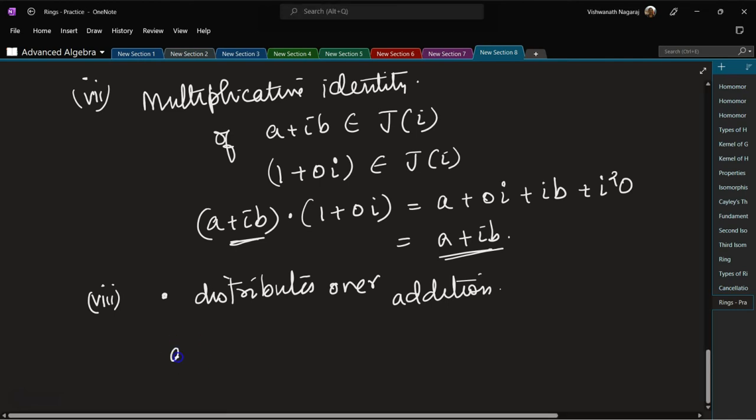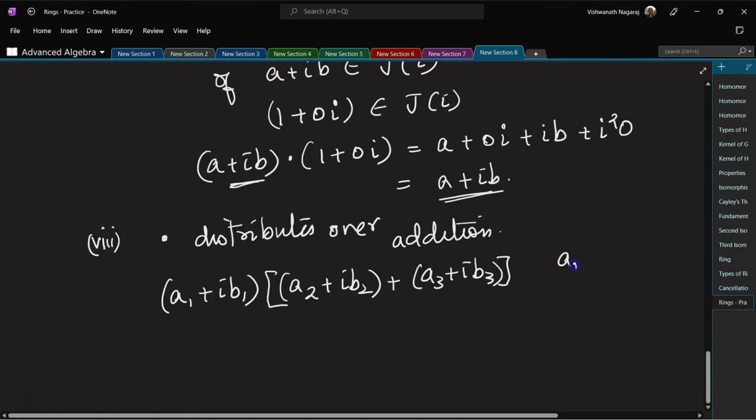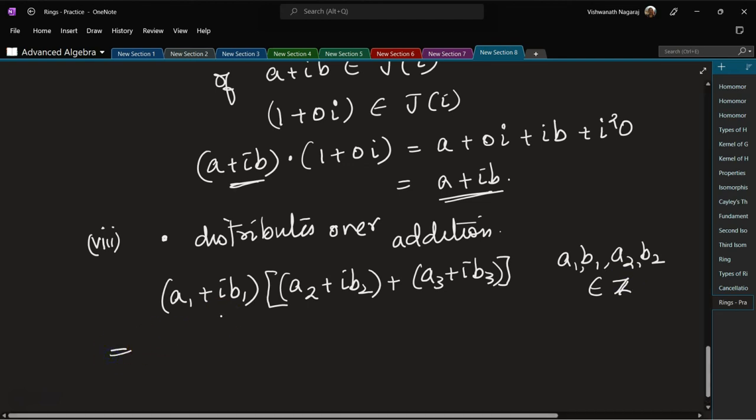Which means you take a Gaussian number a1 plus ib1 and another one a2 plus ib2 plus a3 plus ib3. So here a1, b1, a2, b2 belong to integers, right?